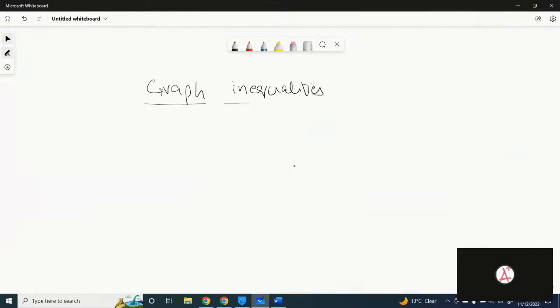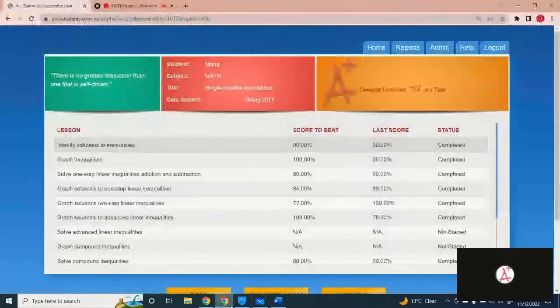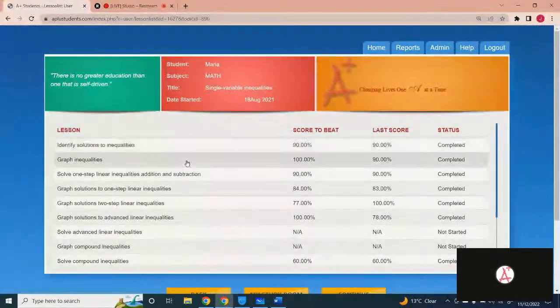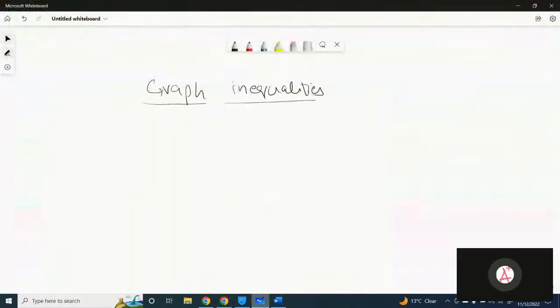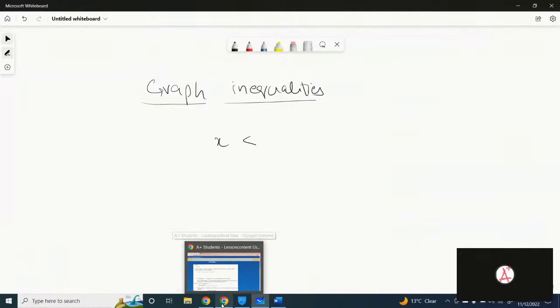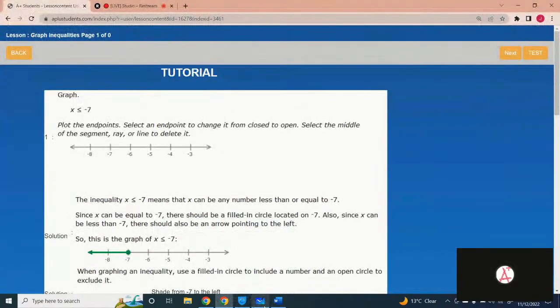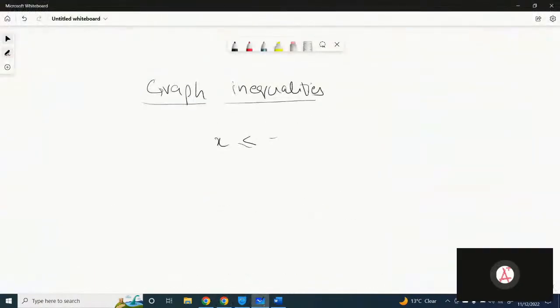Okay, let's start with an example. x is less than or equal to negative 7. You have to plot the graph.